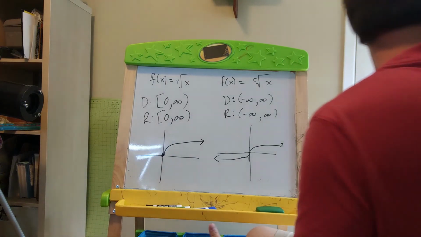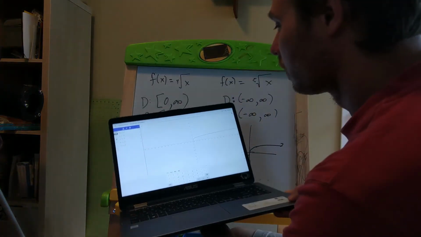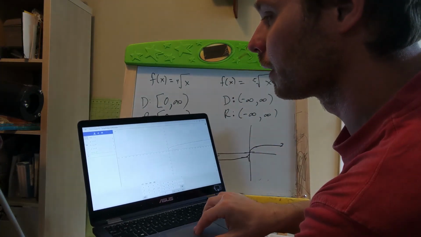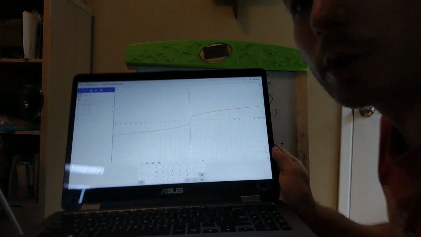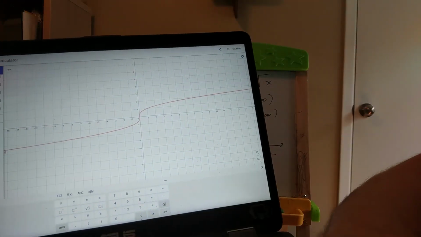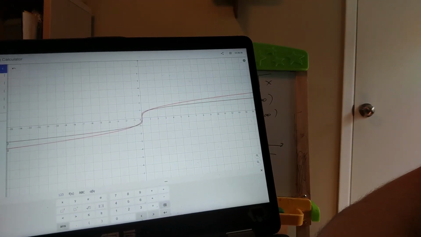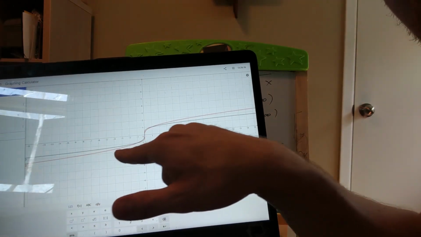All right, so let's take a look at this one on the computer so you can get a better idea of how the fifth root looks versus the cube root. This is the cube root, the orange line, and I'm going to lay the fifth root on top of it. The fifth root is the gray line. You can see that the gray line's a bit flatter.